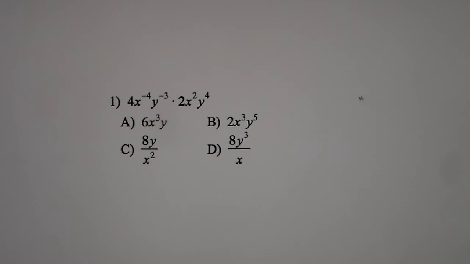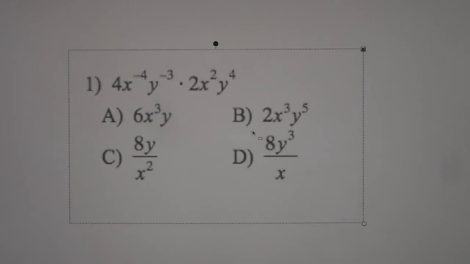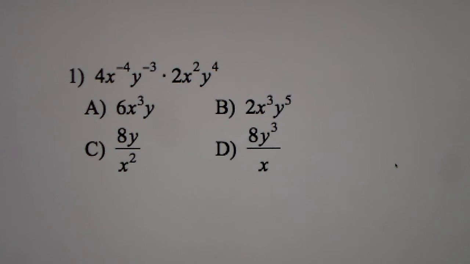Alright, let's do a couple problems together. We're going to combine these two ideas. So we have 4x to the power of negative 4 times y to the power of negative 3 times 2x to the power of 2 times y to the 4th.